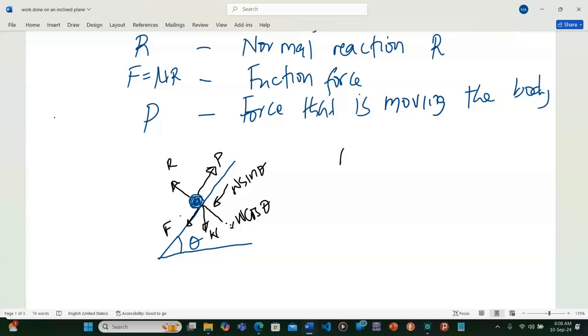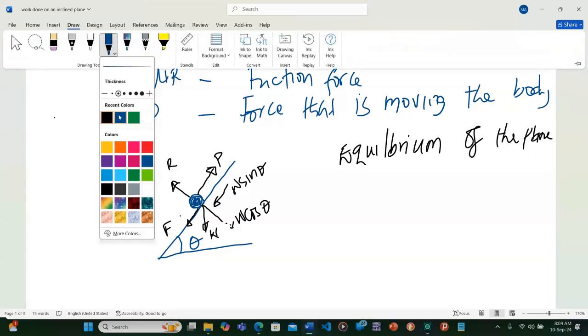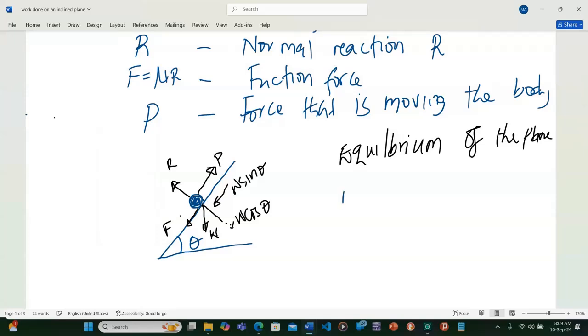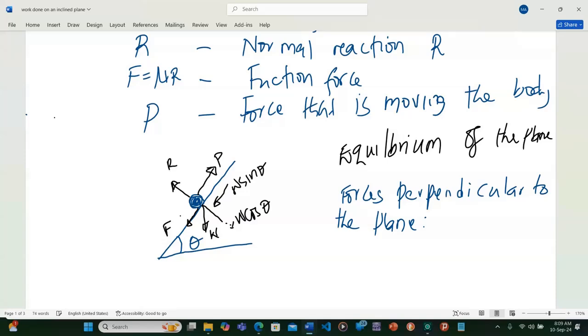So if we look at the equilibrium of the body, we shall find that if we talk about forces perpendicular to the plane, we have R and W cos theta. So R is equal to W cos theta.